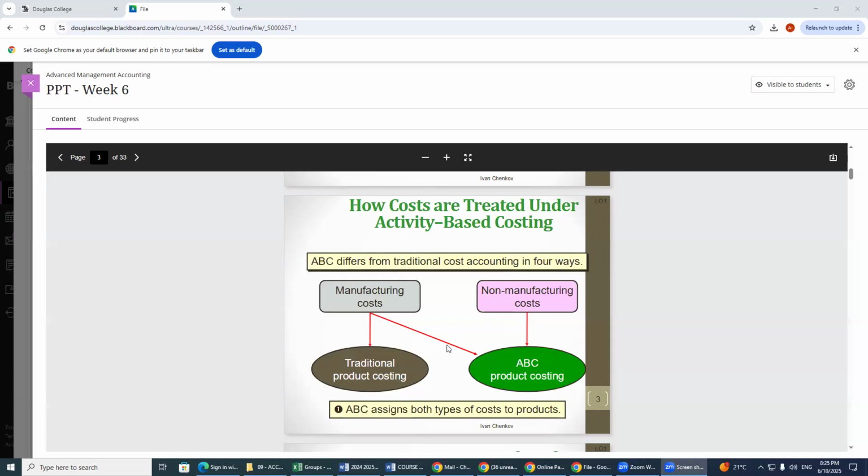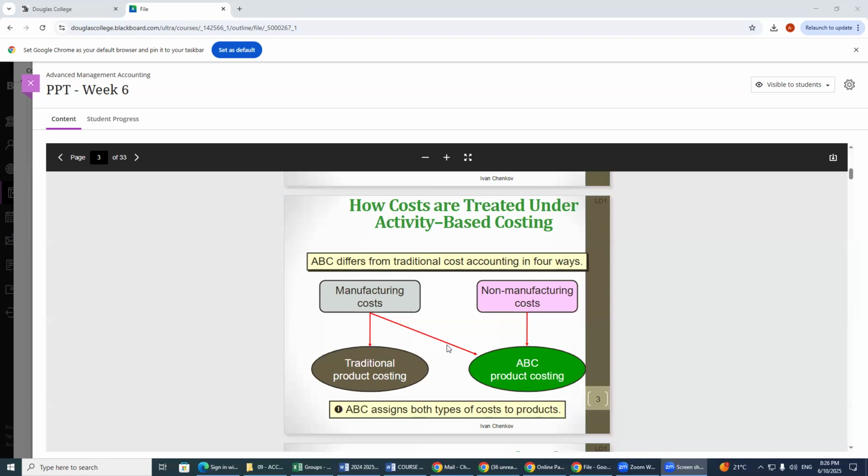Whereas in activity-based costing, we're going to take a look at the manufacturing cost, which is the direct material, direct labor, manufacturing overhead. Plus, we're going to see, is there anything from the non-manufacturing cost that we can also allocate to our product? So that's a different thing than the normal traditional system, when we're saying the product cost is only direct material, direct labor, manufacturing overhead. In activity-based costing, now we're saying, okay, those three, yes, but let's see what else from the non-manufacturing cost we can also allocate to the product.